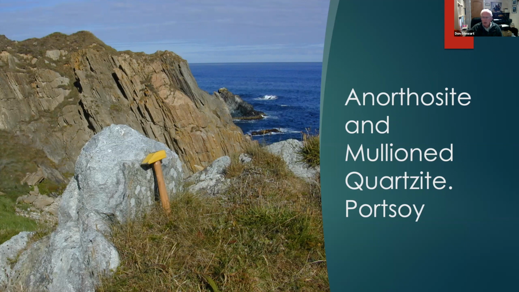So you can actually walk through a great cross section of the Dalradian from the lower Dalradian right through to the turbidites of the Southern Highland Group. In the middle, you've got this disturbance at Portsoy caused by the gabbro, but also we have a Portsoy lineament locally as well. So there's a lot going on there.